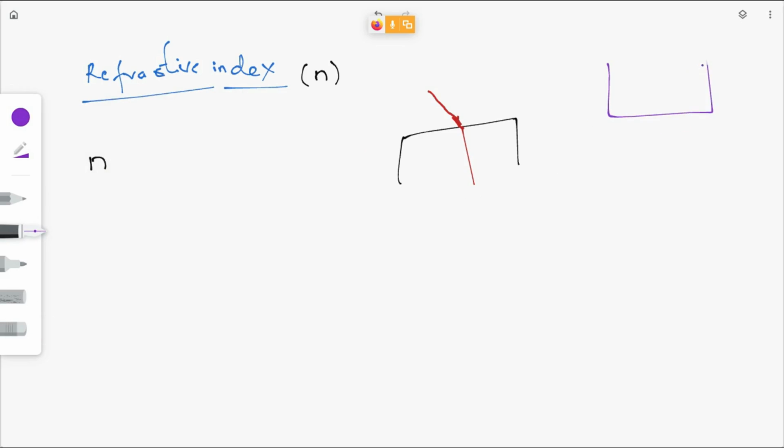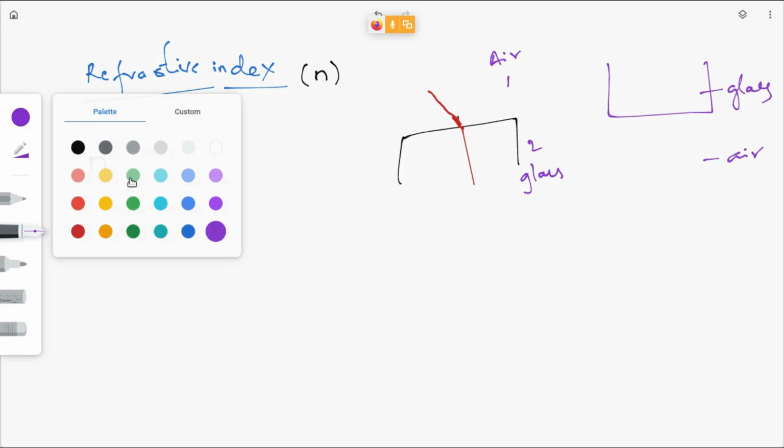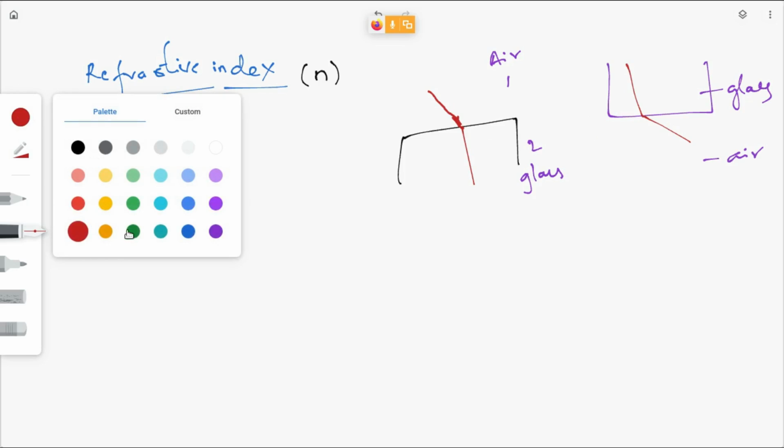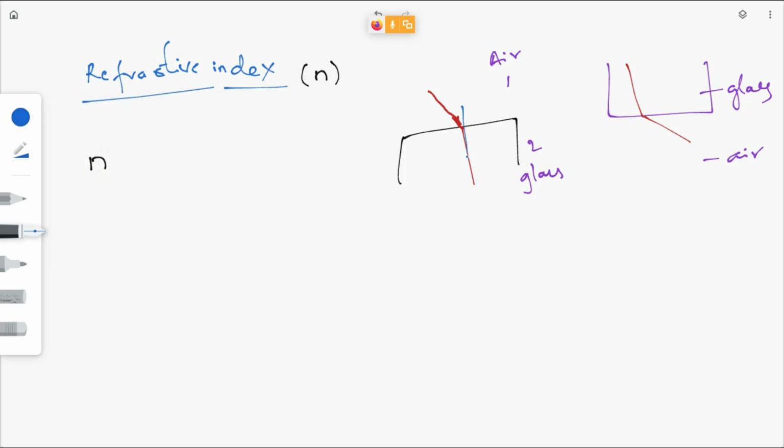So here medium 1 to medium 2, that is air to glass, and here this is your glass and this is your air. So these are the two types, one towards the normal and one away from the normal. You know this one. Any doubts or any confusion with this?